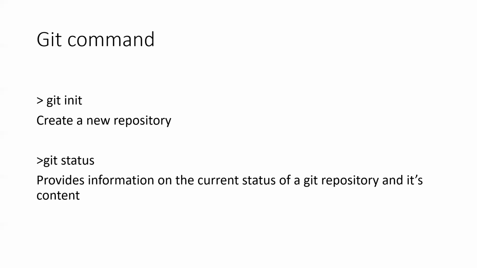It initializes a Git repository in that particular folder. So whatever structure is underneath that folder, any other folder structure, any other file, the version will be controlled by Git. Okay, so that particular folder is now a Git repository.